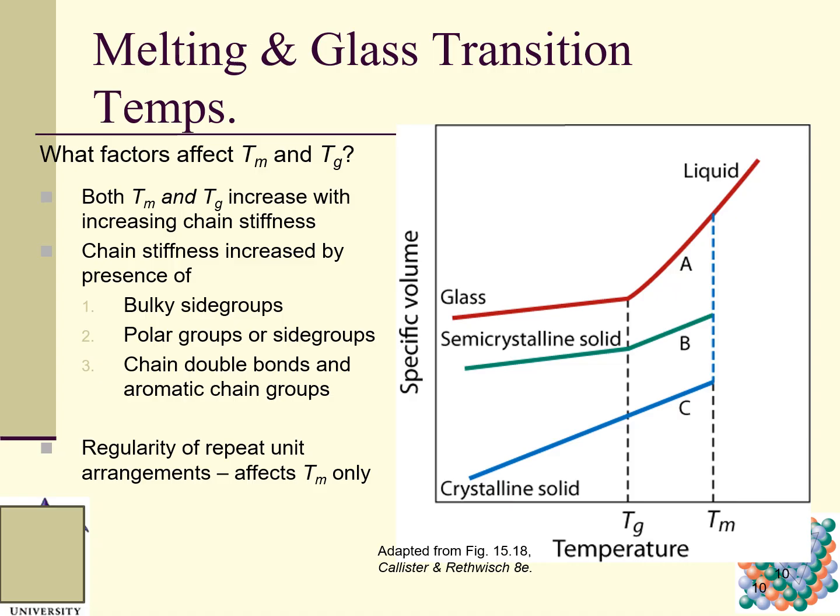Chain stiffness is increased by the presence of bulky side groups, polar groups, chain double bonds, and aromatic chain groups. Regularity of repeat unit arrangements affects the melting temperature only. So this is glass, this is semi-crystalline solid, and this is crystalline solid. So this crystalline solid behaves this way.